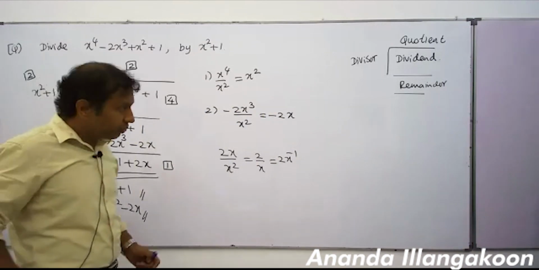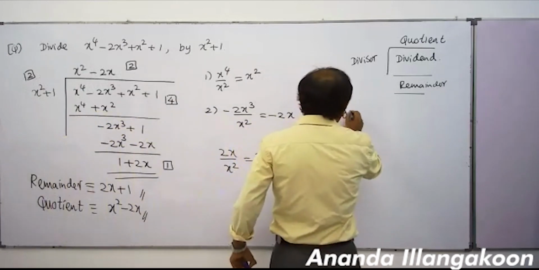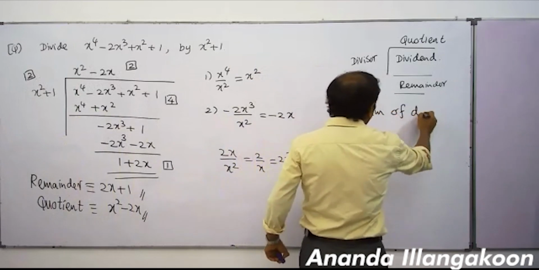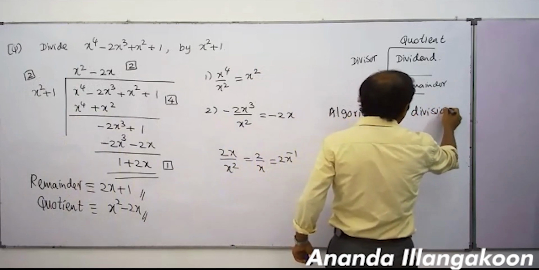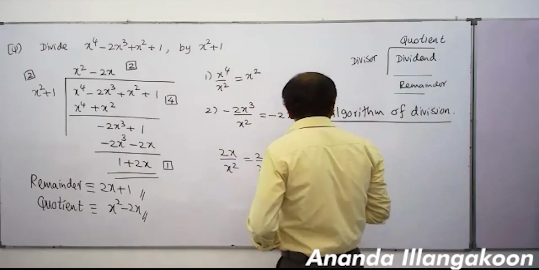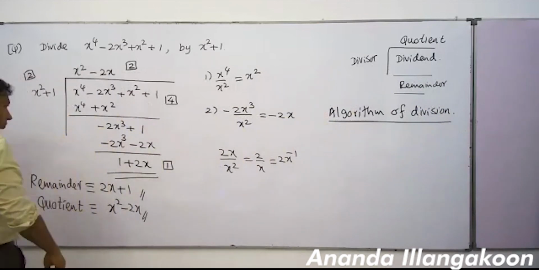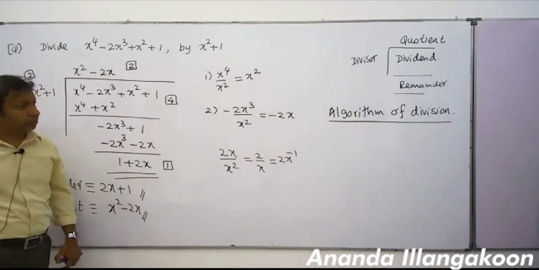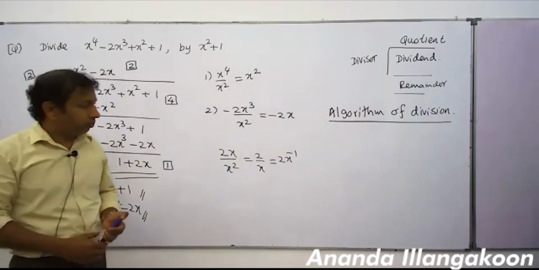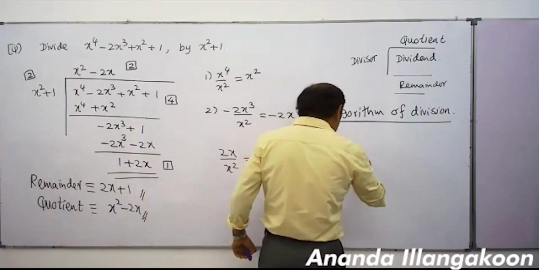Next one, write down, people: algorithm of division. Algorithm of division means, people, a very simple thing that you know already.